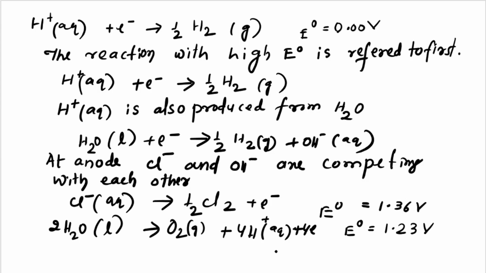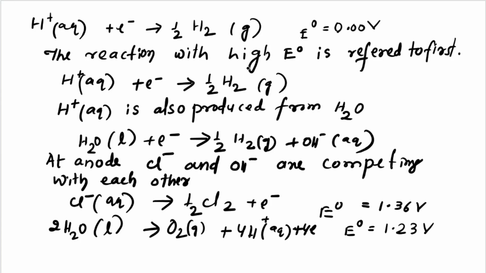H plus is also a cation, so it gains one electron and changes to half H2 gas. What is the E0? It is the standard electrode potential of the standard hydrogen electrode, because it is H plus only. The value is 0 volts.